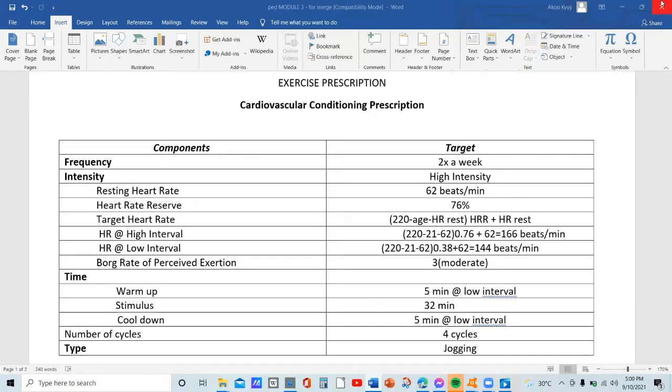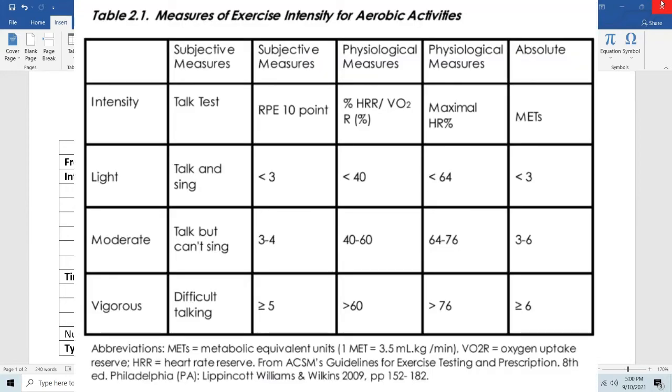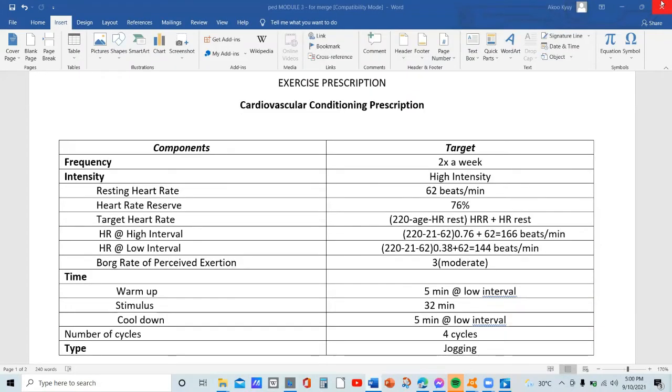Now to get the target heart rate, here is how I calculated my heart rate at high and low interval. There is actually another way to measure the intensity using the Karvonen formula, but here I am only basing on the table to get my target heart rate. So we have 220, which is the maximum heart rate, minus 21, which is my age.